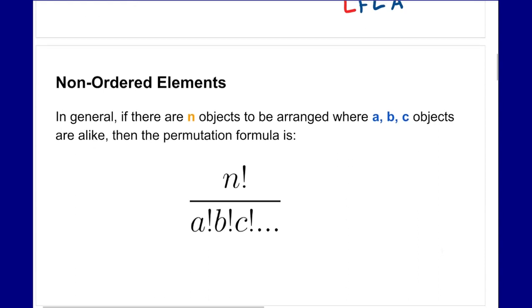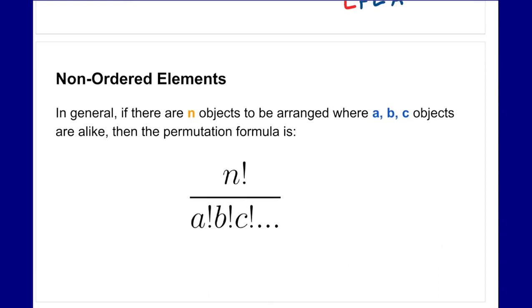So when we have non-ordered elements, in general, if there are n objects to be arranged, where A, B, and C objects are alike, then the permutation formula is n factorial divided by A factorial times B factorial times C factorial, and so on. Basically, we're dividing by the number of items that are the same. If I go back to that fall example, F-A-L-L, I had two L's that were the same.